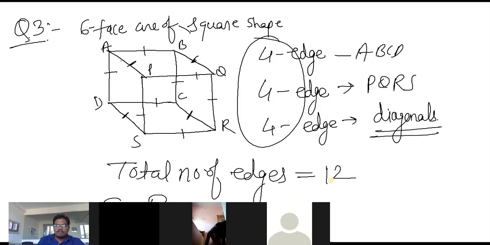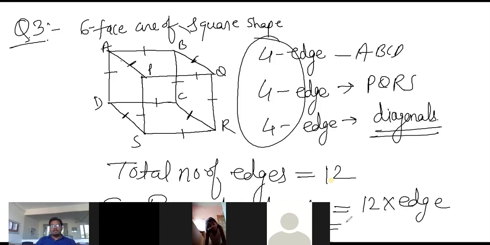So the perimeter of the cube, because the question asks for the formula for the total length of the edges of a cube, will be 12 into edge, that is 12 into L. So we got 12L. This is the answer.